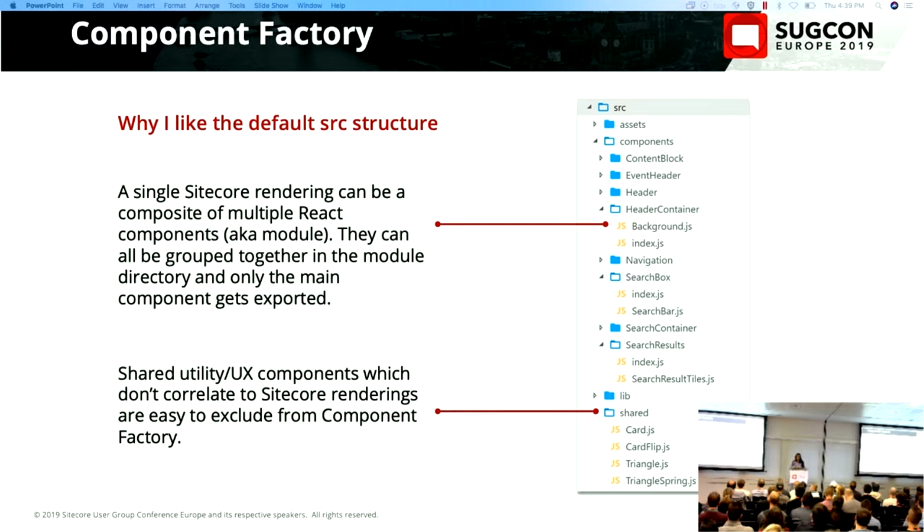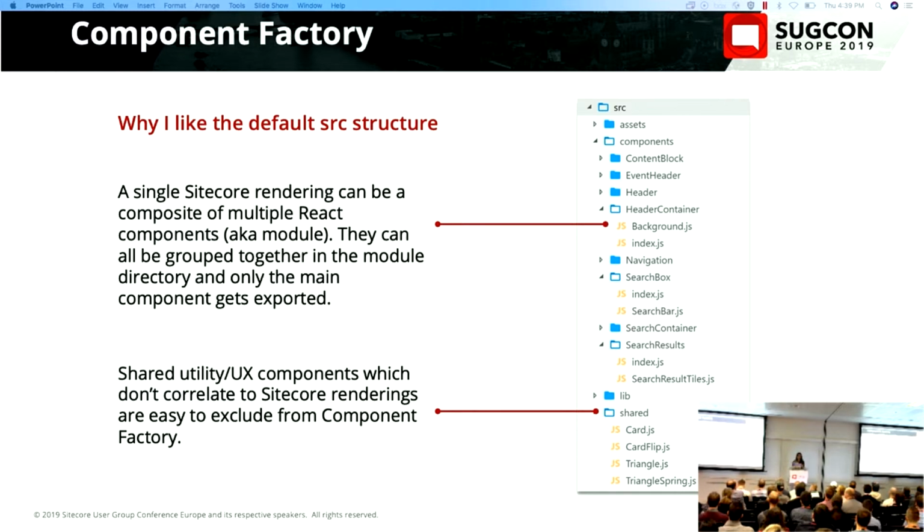For example, here I have a header container, and it has a helper file for background. That's the thing that generates those animated triangles. That won't be added to the factory. That won't be mapped to a Sitecore rendering. It's just there as a helper.